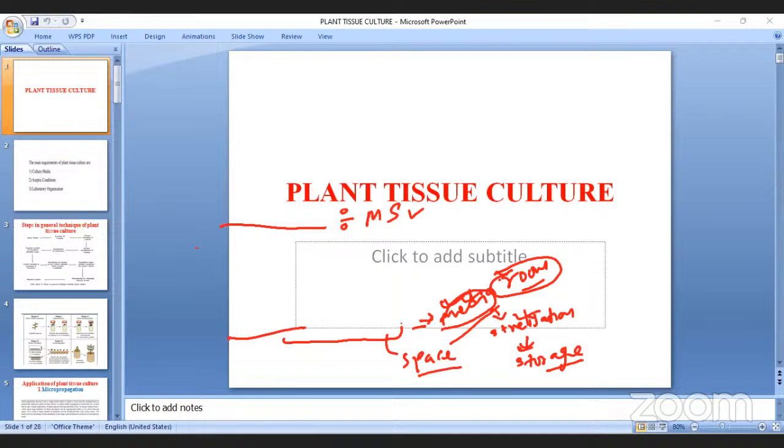In MS media, as I already told you, we add some nutrients.